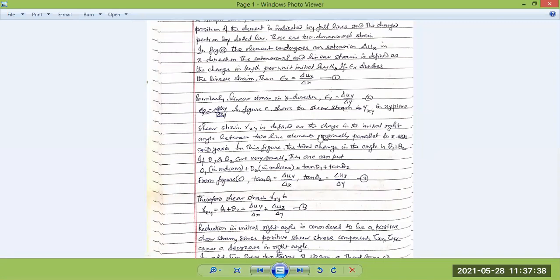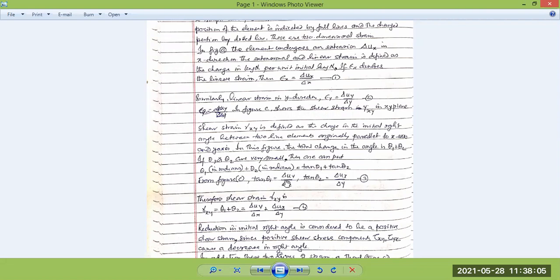Shear strain is defined as the change in initial right angle between the two line elements originally parallel to x-axis and originally parallel to y-axis. The change in angle with x-axis is θ1 and with y-axis is θ2 itself. So θ1 plus θ2, both if you put it in radian, and as they are extremely small, you can equate it to the tangent, that is tan θ1 and tan θ2.